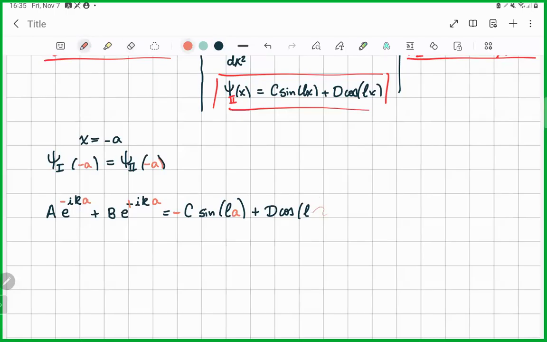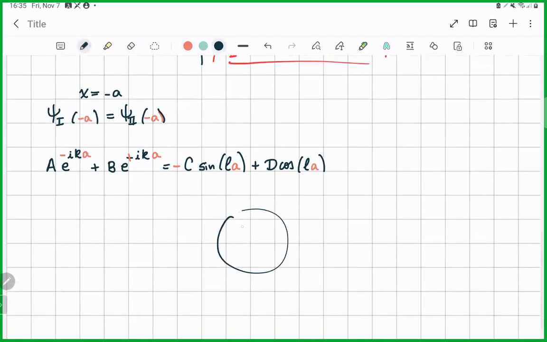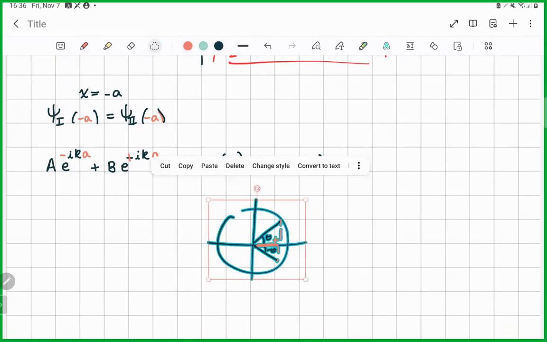We can just put A. What I'm using is the property of the cosine: the cosine of theta is this projection here, which is plus, and if I look at cosine of minus theta, it's the same projection, also plus. All right, so this is done.